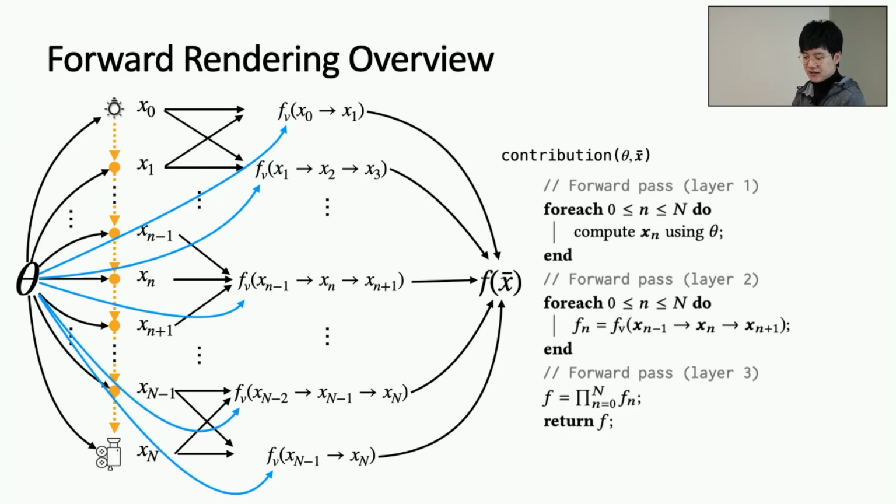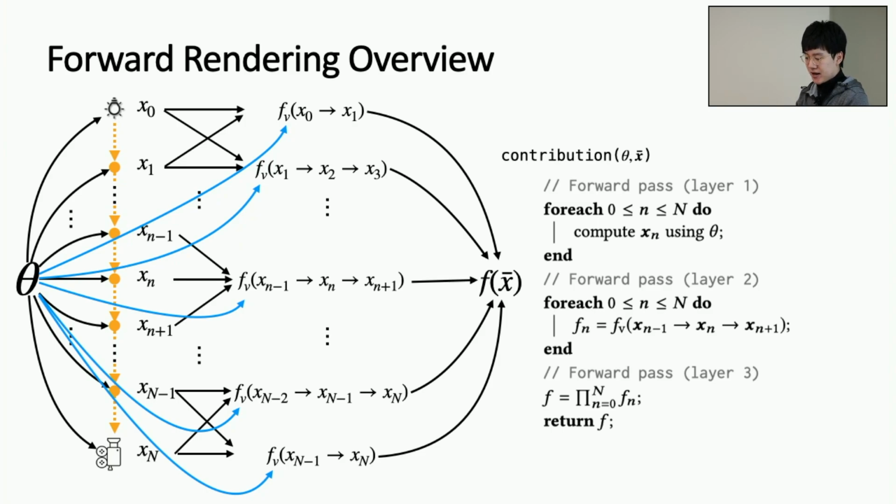The parameter theta is generally a vector that is a stack of things like vertex positions, material properties, or textures, etc. Since the geometry of the objects can evolve along with this parameter theta, so do the path vertices. Theta can also control the material properties and further control the behavior of the function fv.